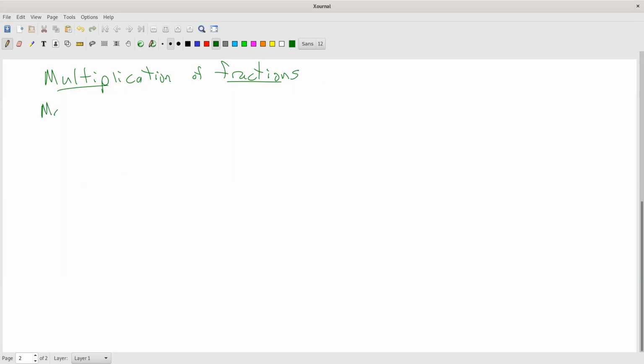Models for multiplication that we had before, the big ones were: 1, repeated addition; 2, an idea called groups of; and 3, the idea of an area, where we consider area as base times height.